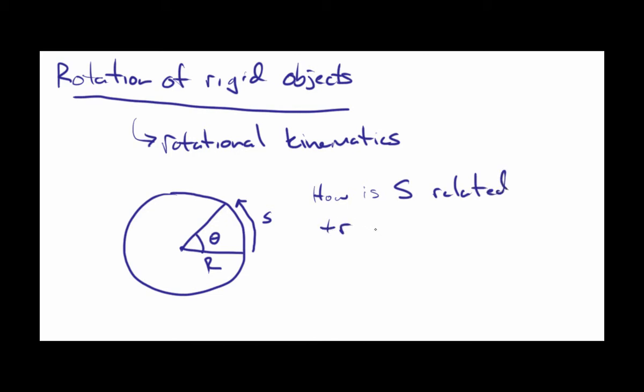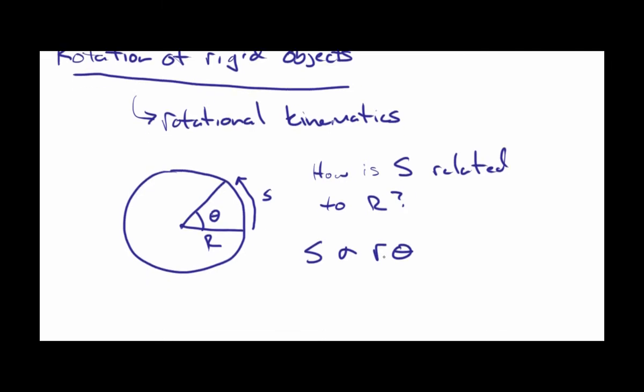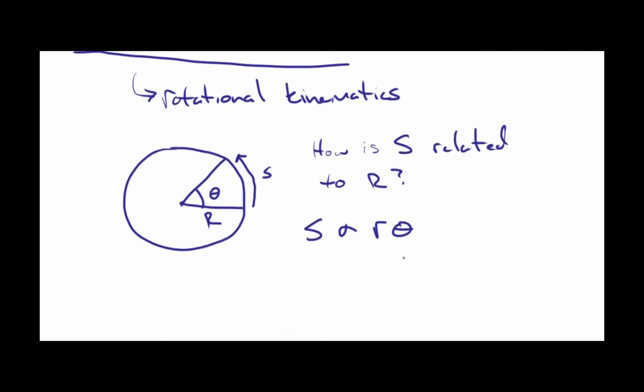The length of the sector is proportional to theta multiplied by the radius. The length of the what? The radius. It's proportional to the radius times the angle. Okay, so the length of the arc is proportional to r theta. That is absolutely true, as long as theta is measured in what? Radians. All right, so theta has to be measured in radians.